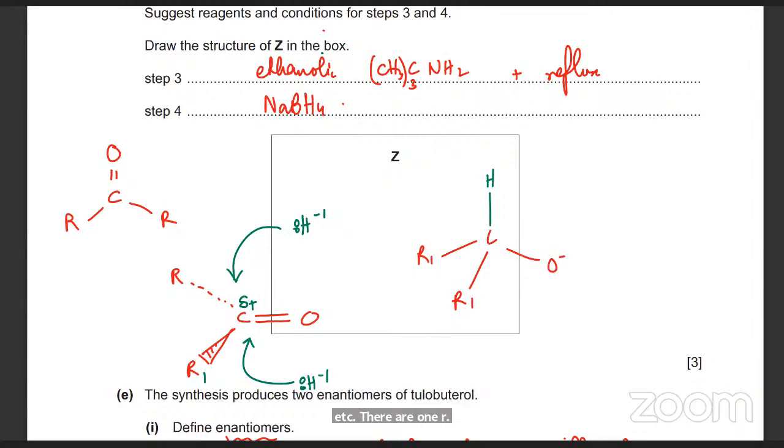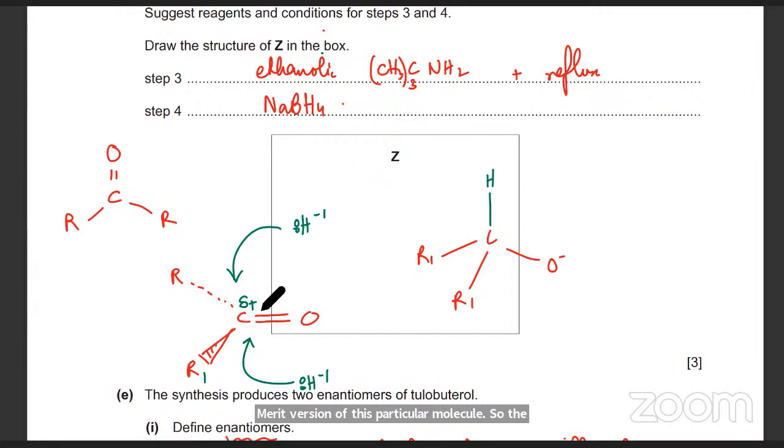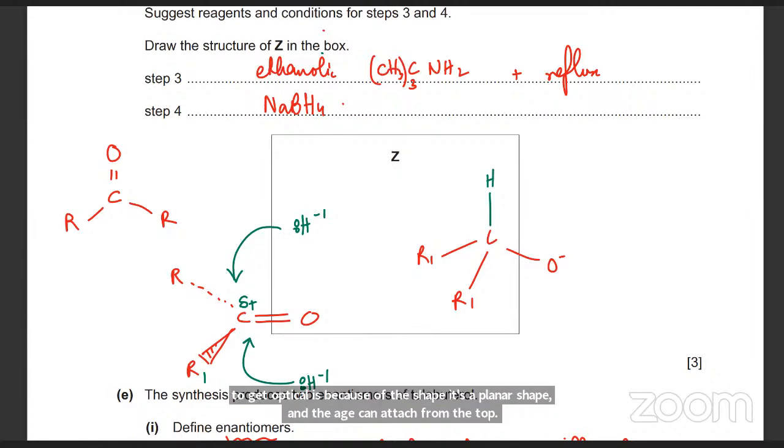Vice versa, if the H comes from the bottom and attacks it, all the other bonds are going to get pushed upwards. So it's going to be an upside down mirrored version of this particular molecule. The problem with ketones is that you're always going to get optical isomers because of the shape. It's a planar shape, and the H can attach from either side. That's why this is going to be chiral.